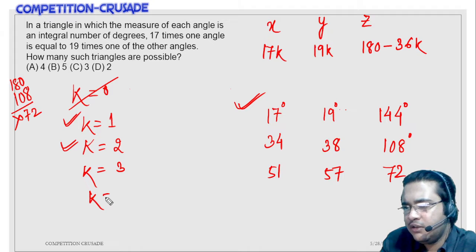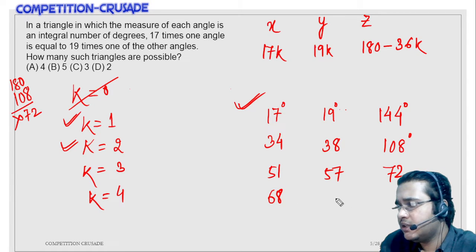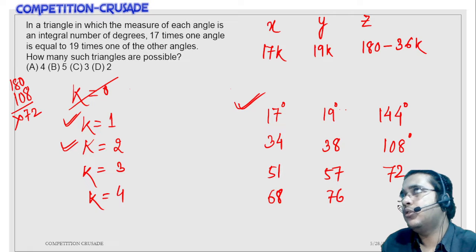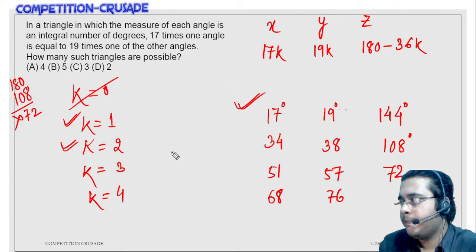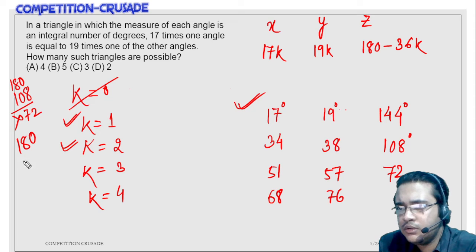Okay, so let's quickly do for 4. So this will be 40 and 28, which is 68, and this will be 40 and 36, which is 76, and this will be 120 and 24, 144. Okay, I hope I haven't made any mistakes. So 120 and 24, 144, yeah.